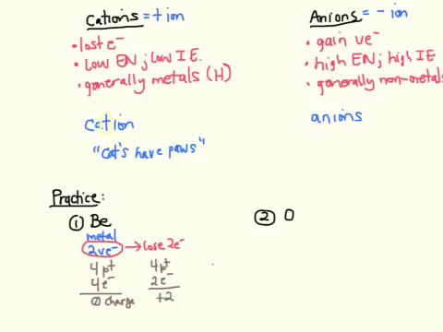So beryllium is going to go from being a neutral beryllium atom to a beryllium with a +2 charge because we just removed 2 electrons from it.